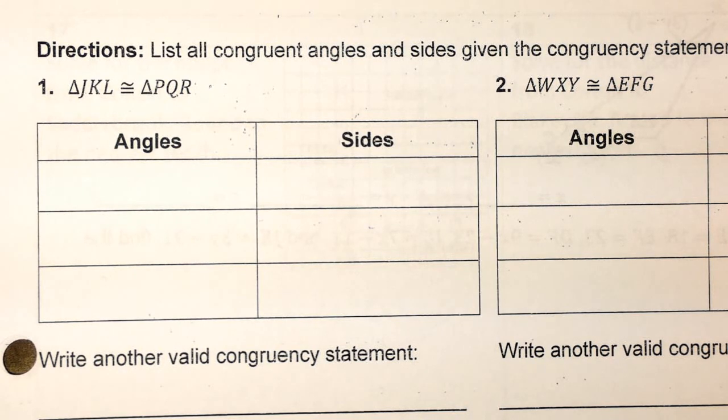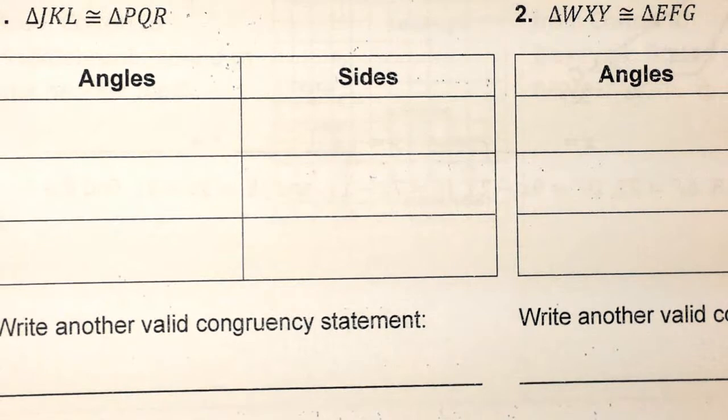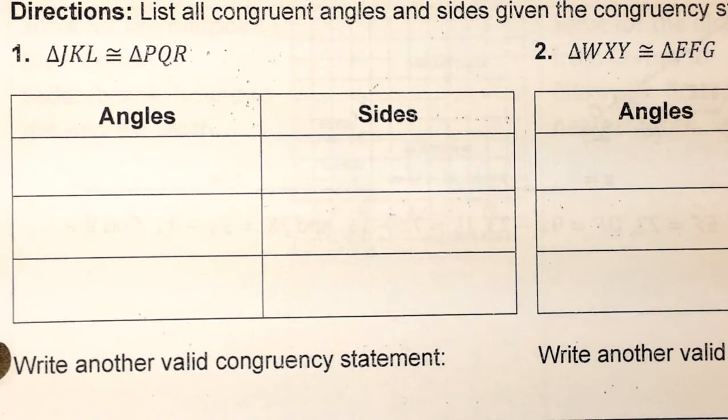Next, list all the congruent angles and sides given the congruency statement. So number 1 and 2 down here, all they give you is a congruency statement, but that's all you need to know what's congruent on two triangles. They don't need to draw the triangles out for you. They give you congruency statements, you can figure it out.